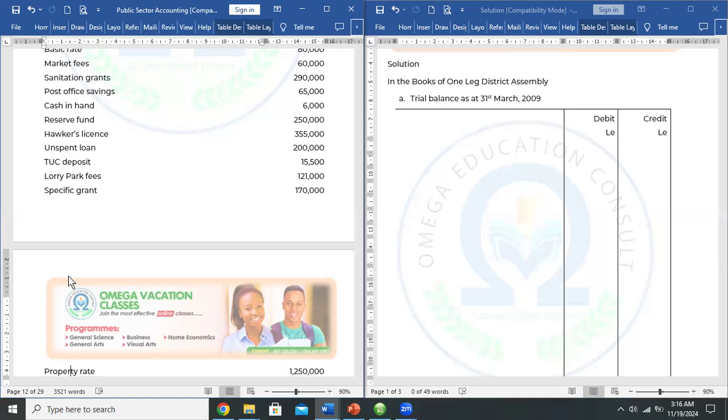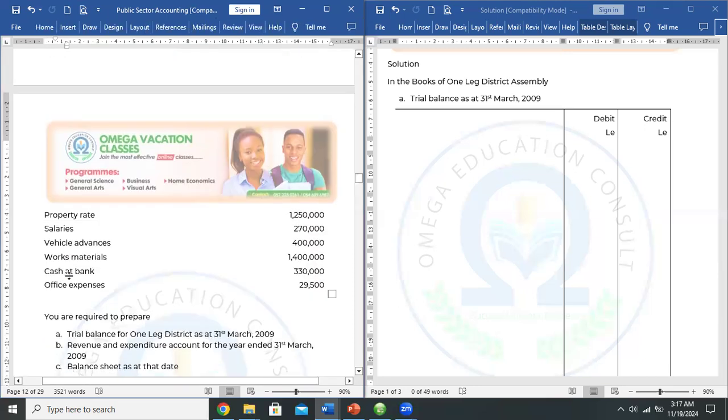Okay. I think this the next page. Should I read the one? Okay. Yes, it continues from here. Property rate, 1,250,000. Salaries, 270,000. Vehicle advances, 400,000.